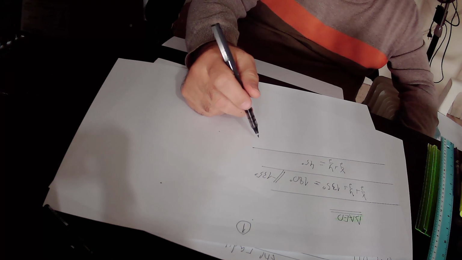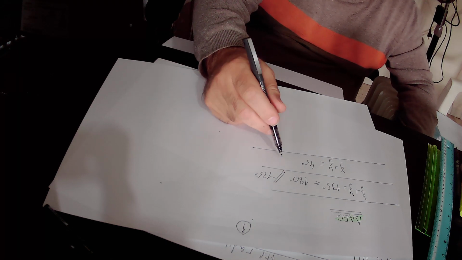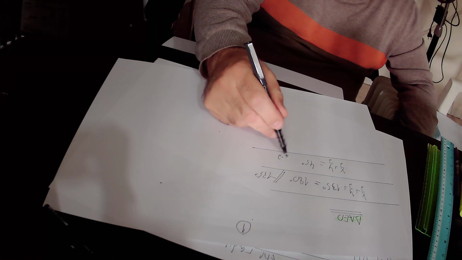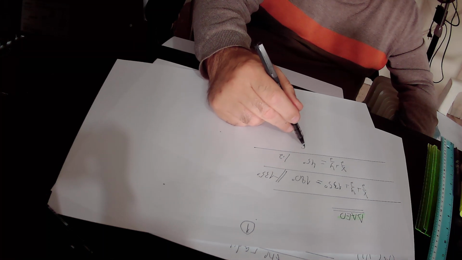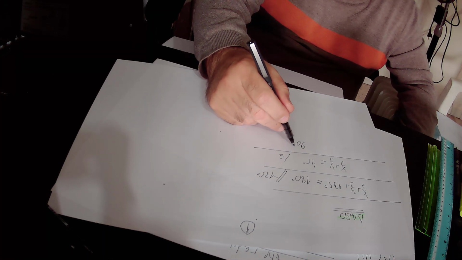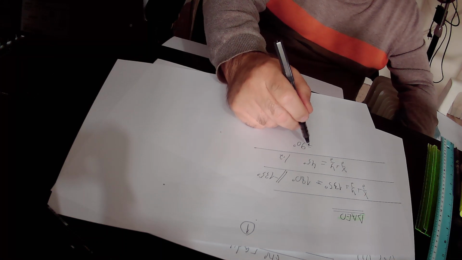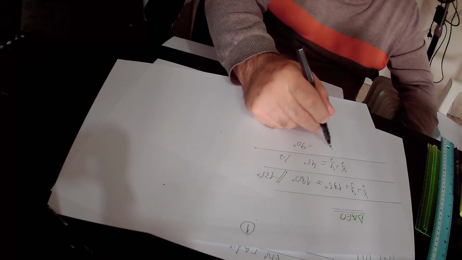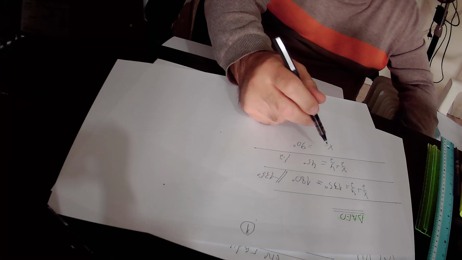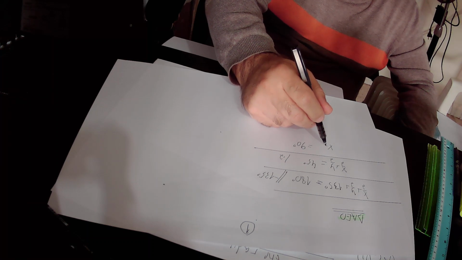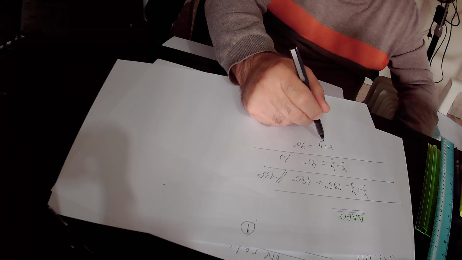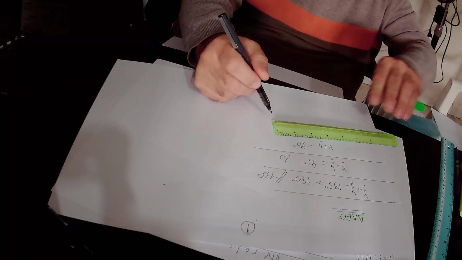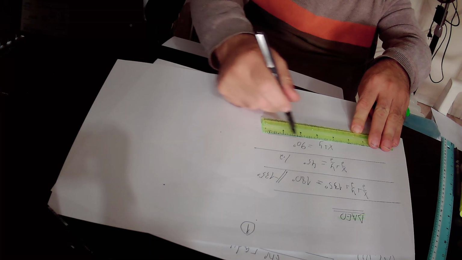We'll multiply this equation by 2 and we'll get that 45 degrees times 2 is 90 degrees, equals x over 2 times 2 is x, plus y over 2 times 2 is y. So we found out that x plus y equals 90 degrees.